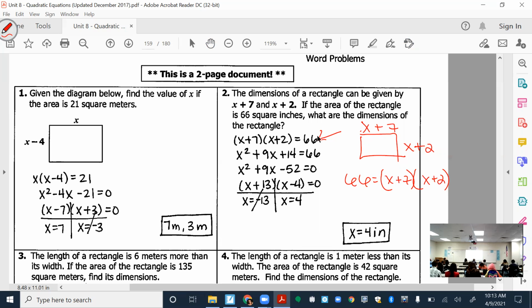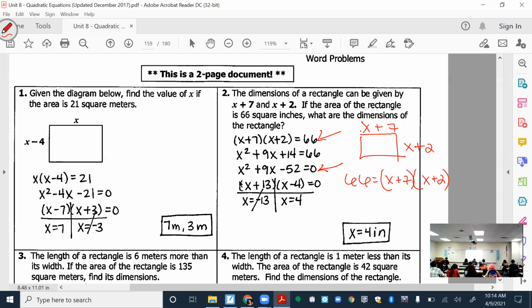All right, we FOIL it out. We get x squared plus 9x plus 14 equals 66. Then to solve using our quadratic functions, we do have to set it equal to 0. So they subtracted 66 from each side, and now we are here. From there, they decided to solve it by factoring. You could have also done graphing or the quadratic formula.